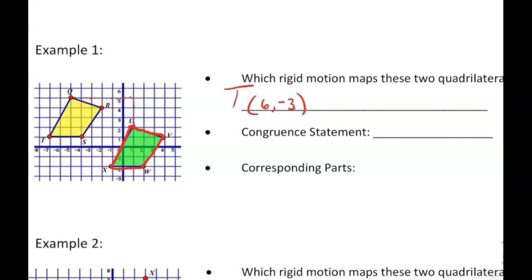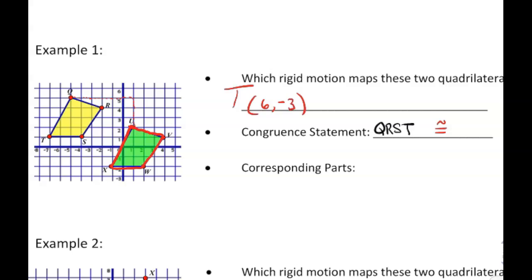So then what's the congruent statement? That means that something is going to be congruent to something else. So I'll call this one QRST. Remember, you have to name it in a circle. It doesn't matter if you started with R, as long as you go around the track in a circle.